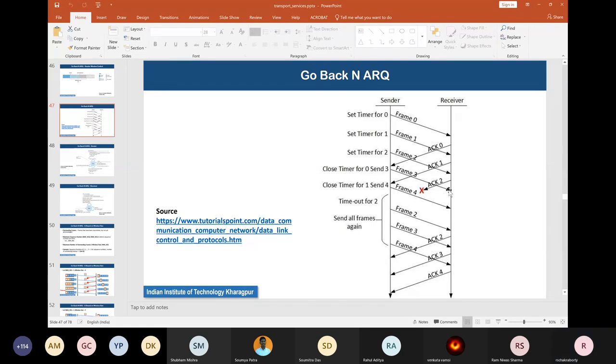So as you said correctly, it is highly possible that the acknowledgements for 3 and 4 will come back, but they would not be received by the sender side, saying no, I have not heard anything about 2 right now, how can I receive the acknowledgement for 3 and 4?